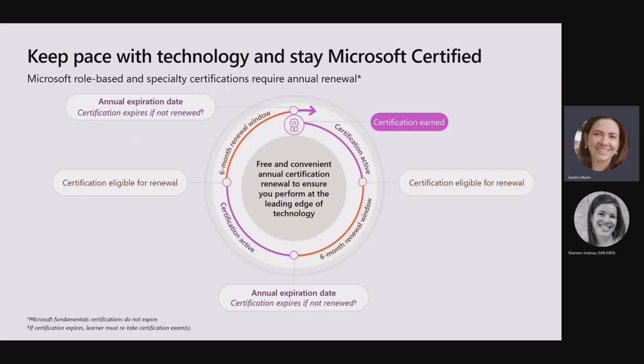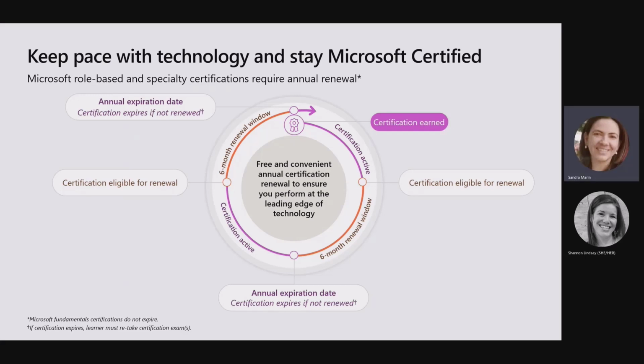And before that year ends, you need to renew your certification to keep it active. The reason we ask you to renew your certifications is because our technology changes so fast and so much that, in order to keep pace with those changes, we want you to keep your skills updated as well.